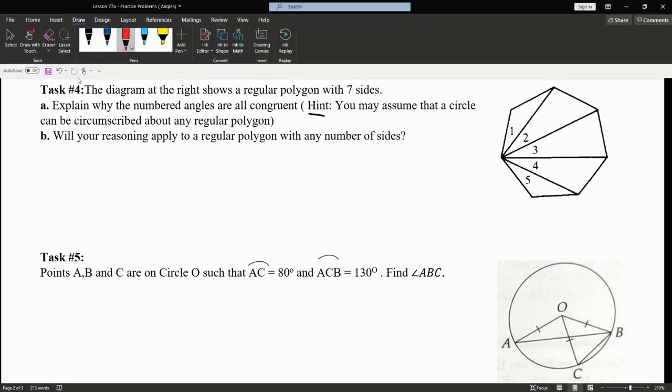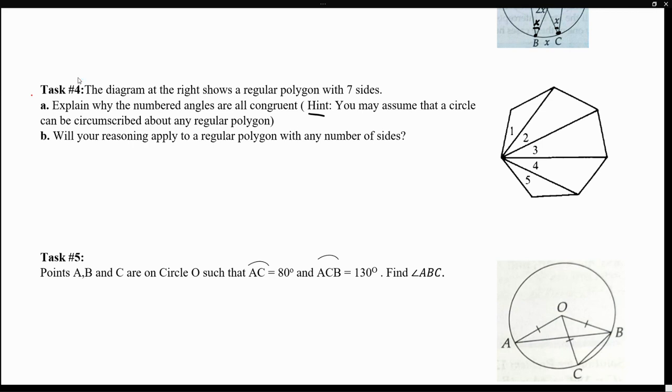So what this is saying is that for any regular polygon, we can take a look at all the vertices of this regular polygon, and we can construct a circle that will circumscribe, or enclose, this figure.